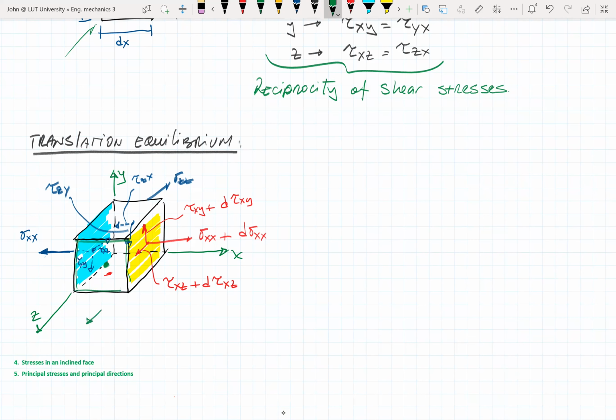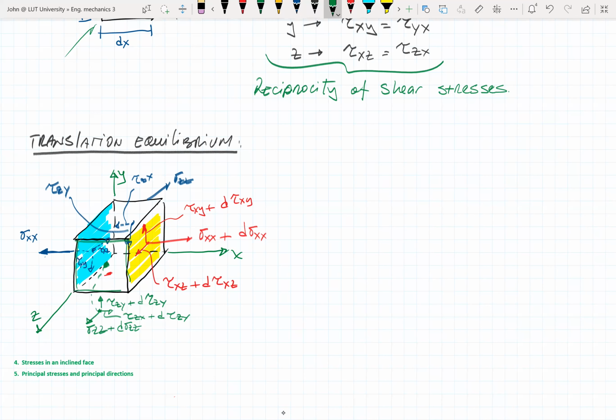It's going to be sigma zz plus something else, tau zy plus a variation, and this one here, tau zx plus a variation. Heads up, this is represented in here, or this corresponds to this phase here.